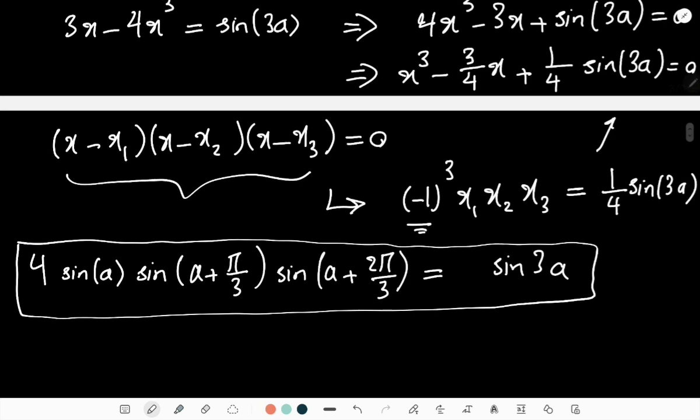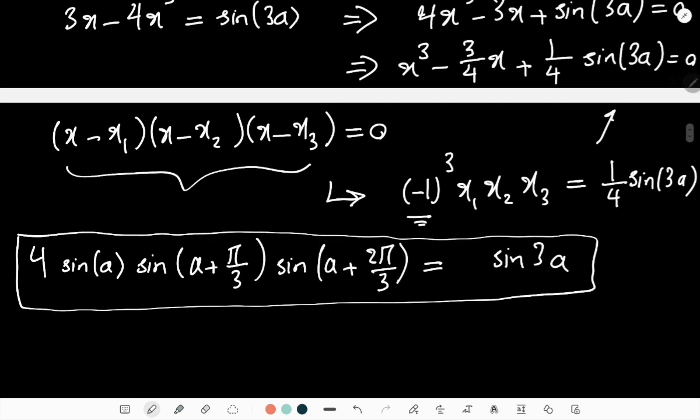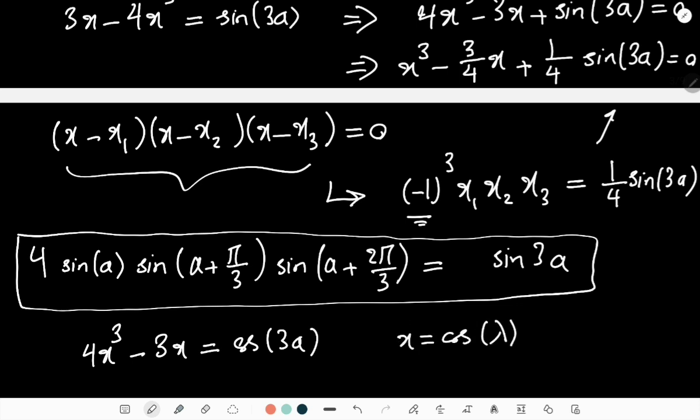So it goes without saying that actually you can do a similar thing for cosine of 3a. And if I go back to the expansion of cosine of 3a, then I can, like before, form a cubic equation such as 4x^3 minus 3x equals cosine of, let's say, 3a, and you can take x to be cosine of some lambda and solve the equation.